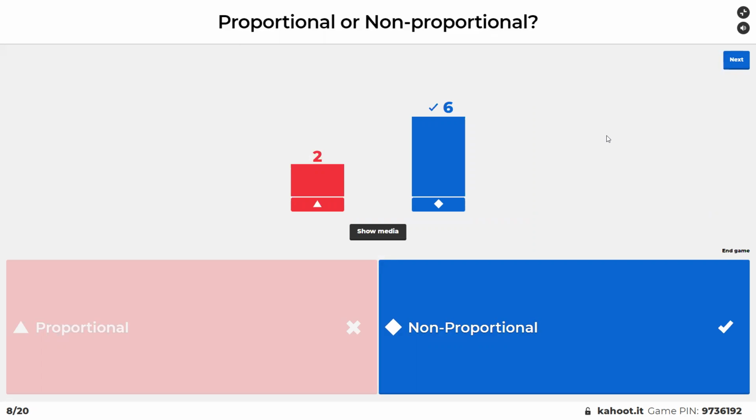So just remember, whenever you're looking at a table and you're trying to figure out if it's proportional or not, we talked about at the very beginning that k = y divided by x. You take your y values divided by your x values. If it's the same all the way down your table, it's a proportional relationship. If it's not the same, it's not a proportional relationship.